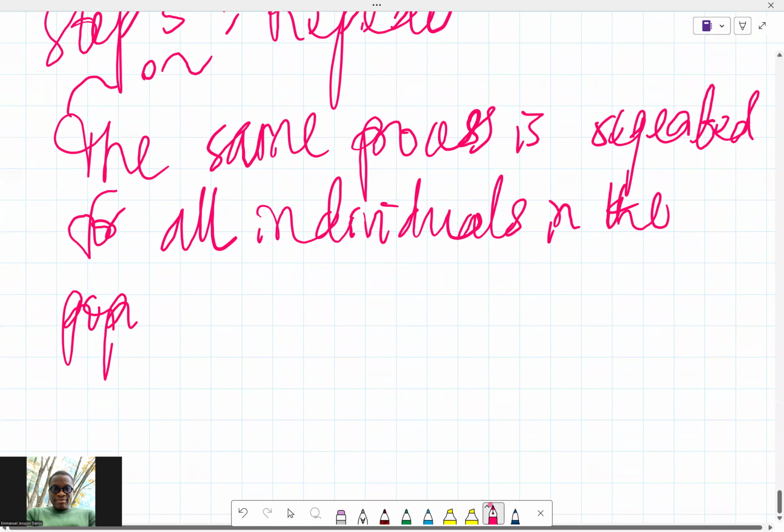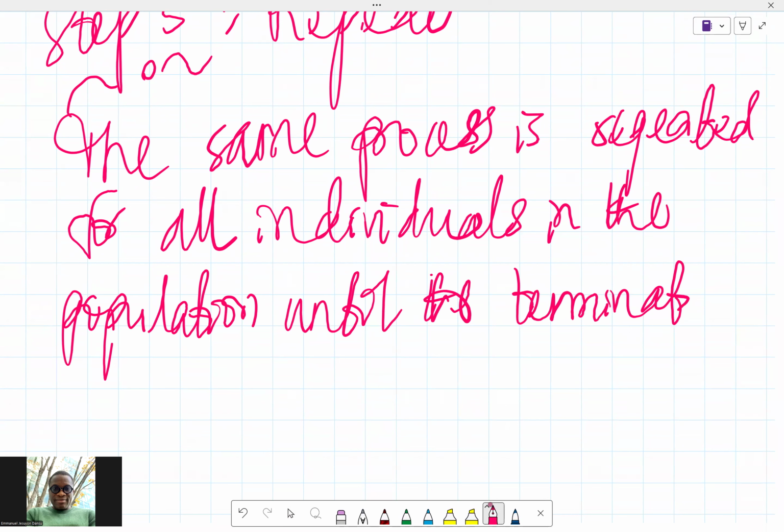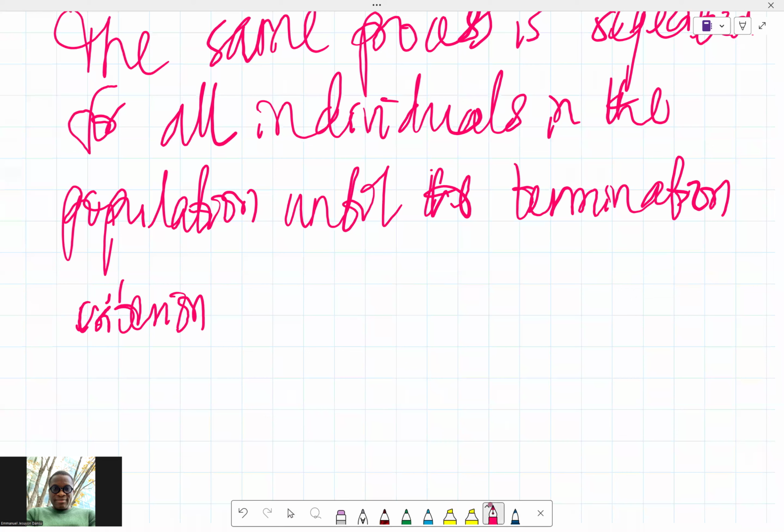We only did X1 now, so we have to go to X2, X3, and all that, for individuals in the population until the termination criterion is satisfied, maybe number of iterations or some value of the objective function.